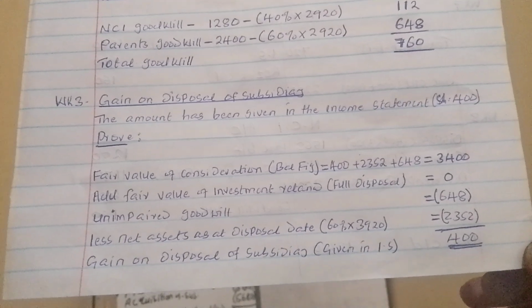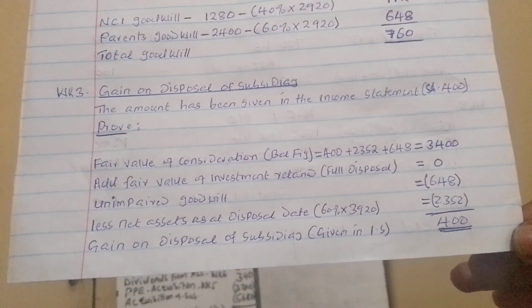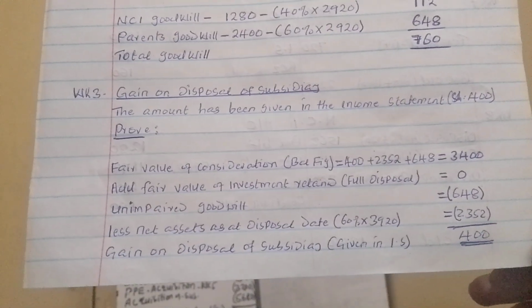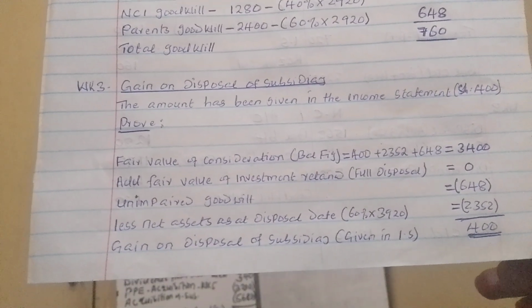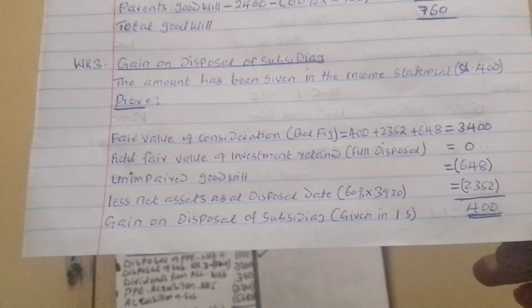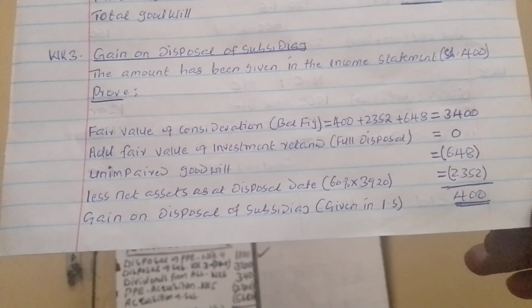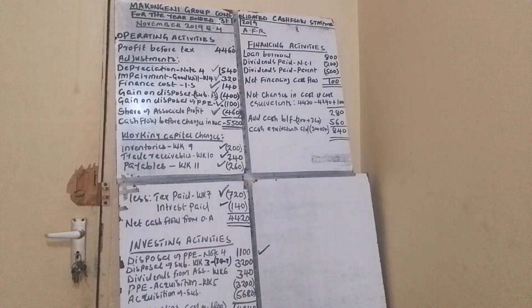That working is also helping us because it is giving us the gain on disposal of subsidiary. But when we disposed that subsidiary, how much did we receive? We received that 400. Look at our working, fair value of consideration. Why are we lessening 200?